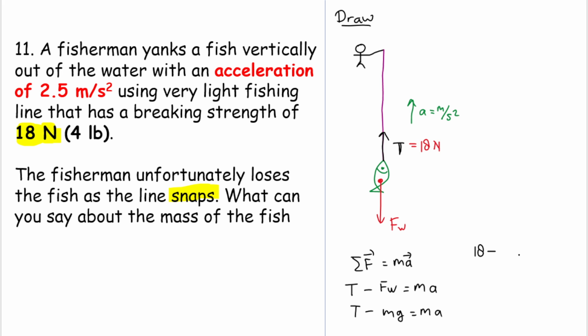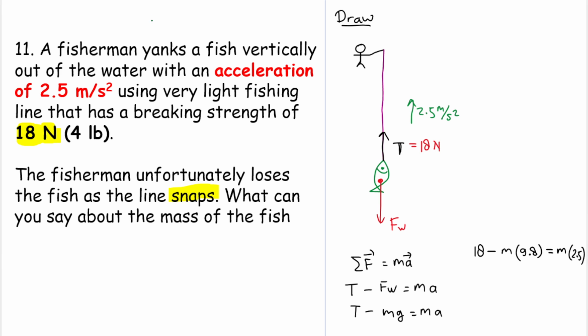We don't know the mass of the fish yet, so I will have m here, and then the gravitational acceleration, we know that it's 9.8, and then we will have that equal to the mass times 2.5, right? Because the acceleration is 2.5 meters per second squared, so the a there is 2.5.